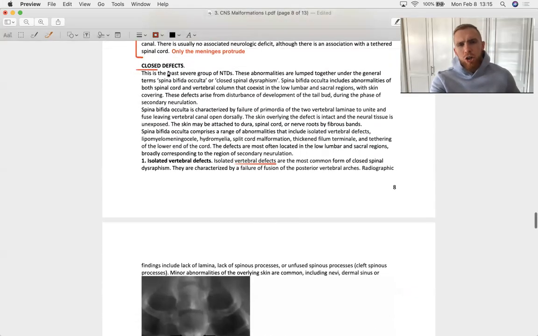Then we have closed neural tube defects, which is not as severe a group of diseases as open neural tube defects. So the name for the closed defect is spina bifida occulta, occulta meaning unknown or not seen or obscure.